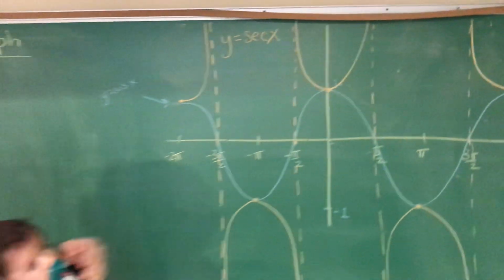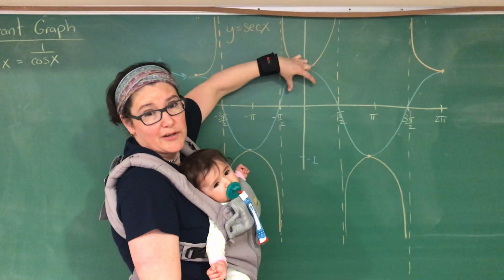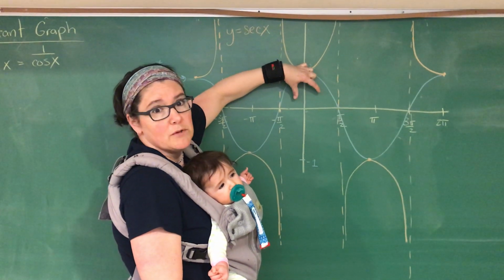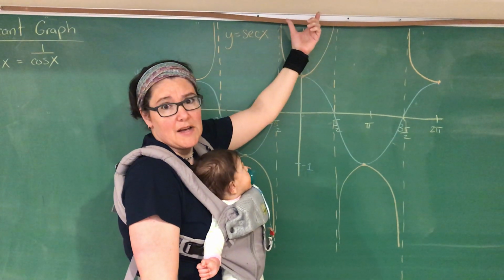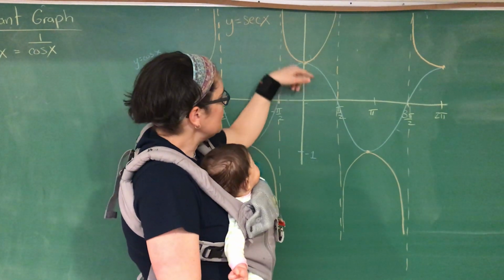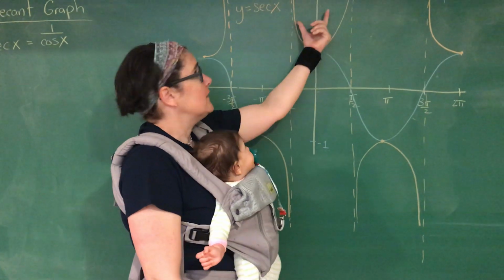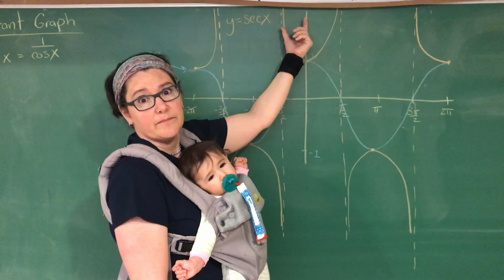The way I think about this is when I have a hill on the cosine function, or a hill on the sine function for the other graph, when we look at the reciprocal, this thing is blowing up in the opposite direction. So every hill and every valley on this cosine function corresponds to an explosive U on the secant function.